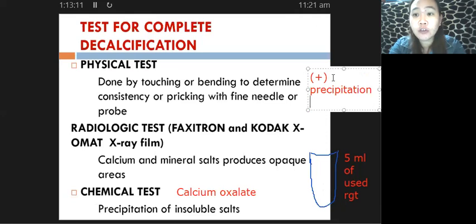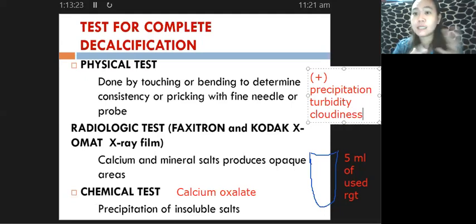Another observation that will indicate a positive result would be the presence of turbidity, or cloudiness. So you look for this evidence.